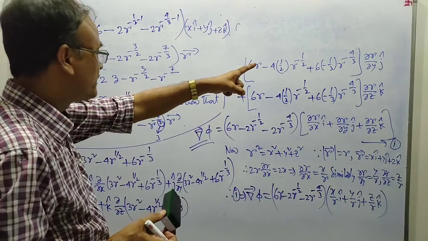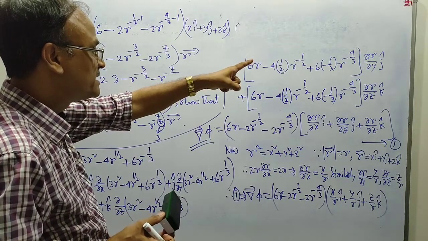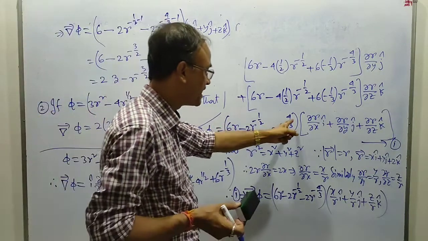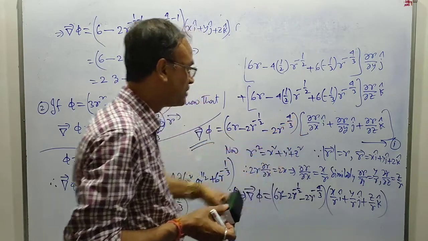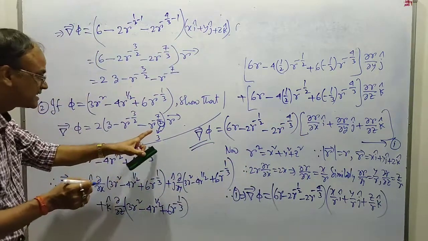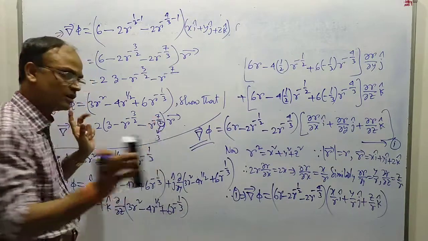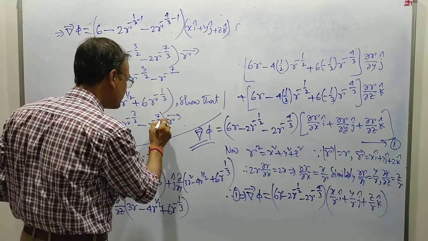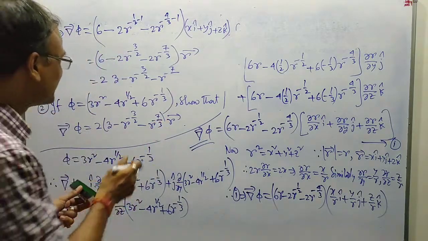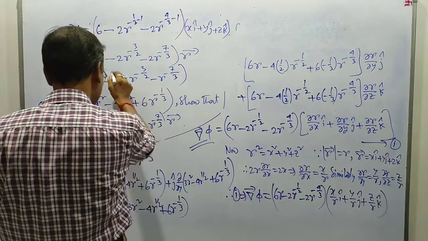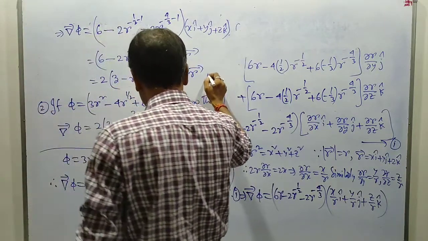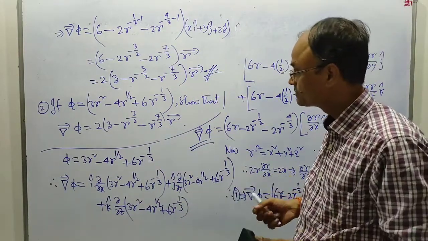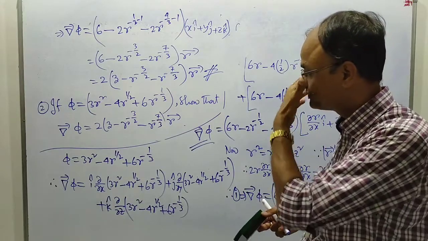Yes, we have written minus 4 by 3, and minus 4 by 3 minus 1 is minus 7 by 3. Correct it as r to the power minus 7 by 3 in the question, not in the answer. R vector. Proved. Yes, we have proved this.